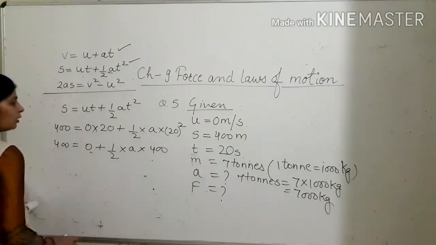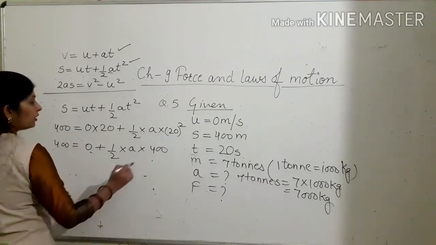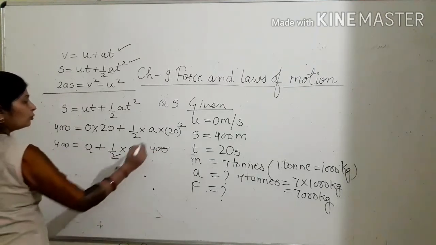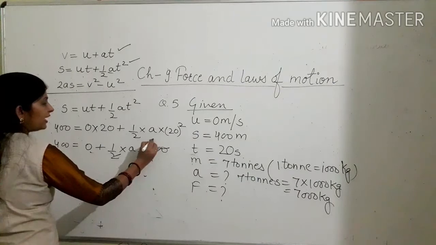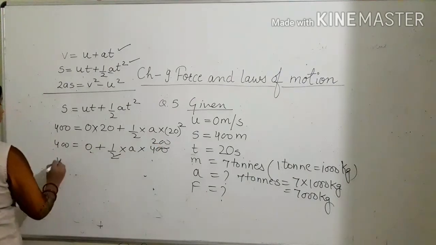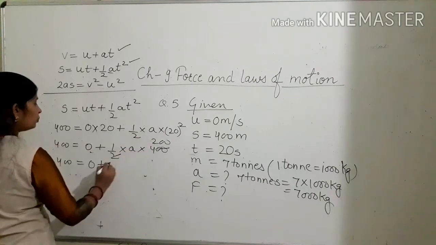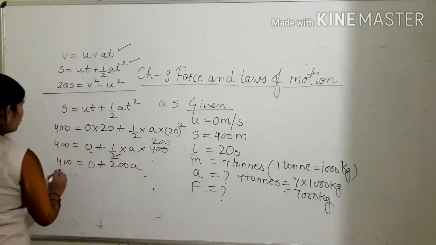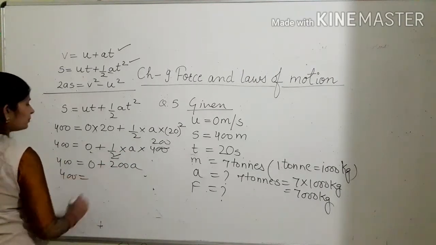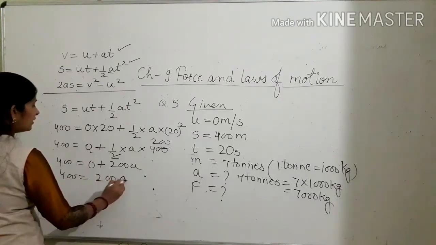Now divide 400 by 2, we get 200. 400 is equal to 0 plus 200a.